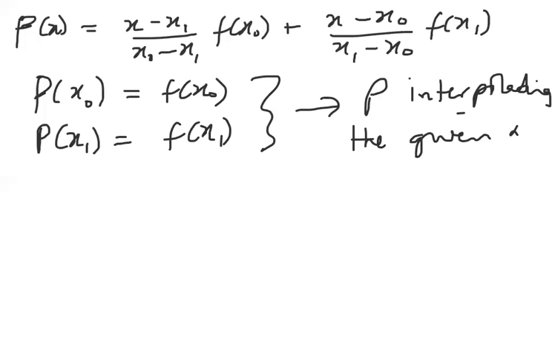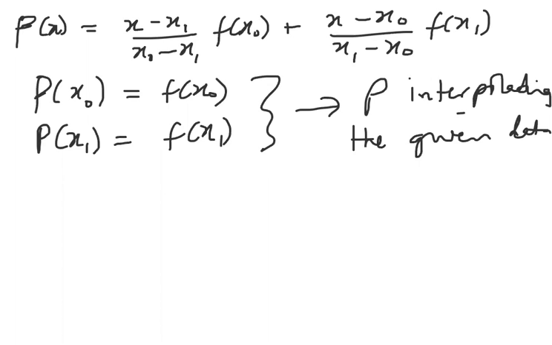So at those particular points, we should be able to get the given values F of X naught, F of X1, and so on. That's what we'll be able to see.